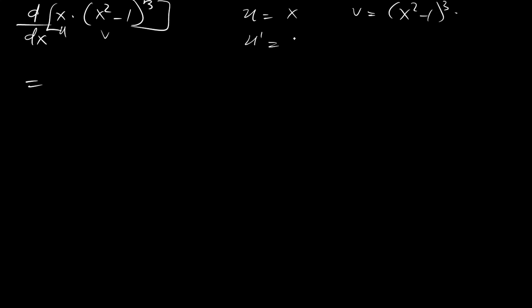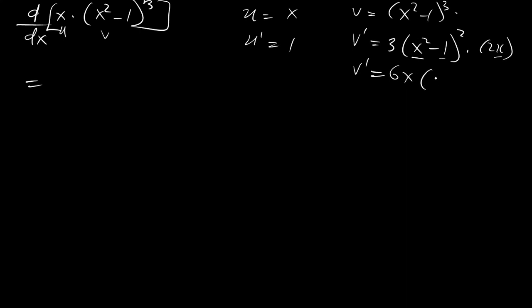Now u prime is 1. For v prime, we are going to use the chain rule. You have 3 into x squared minus 1 squared times the derivative of the inside, which is 2x. The derivative of the constant is 0. So you have v prime as 6x into x squared minus 1 squared.